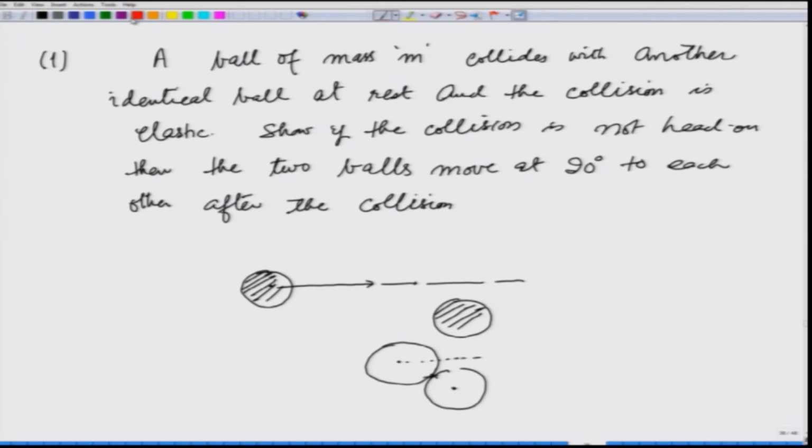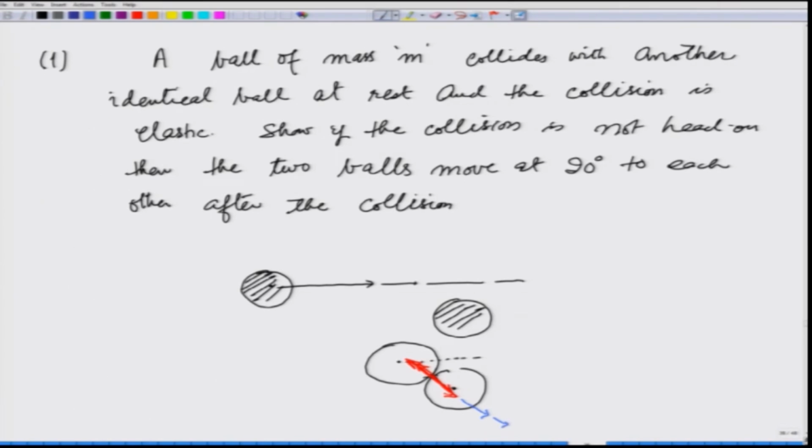You can see from the collisional point of view that as it collides, the forces are going to be perpendicular. The impact that the two balls have, the impulse generated, is going to be perpendicular to their common surface at the point, and therefore, it is going to be in the direction like this, perpendicular. Since ball 2 was initially at rest, it is going to move exactly in the direction of the force.